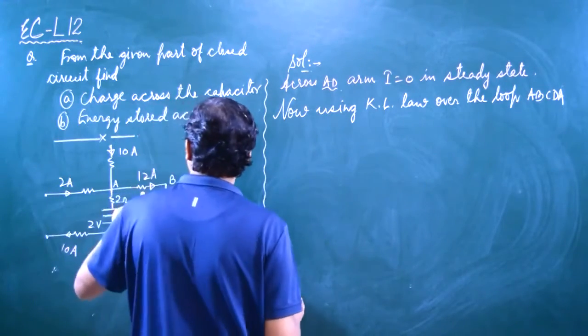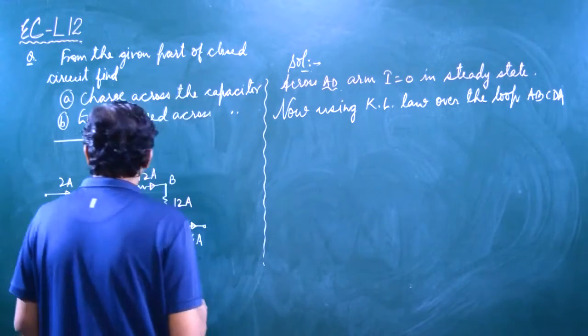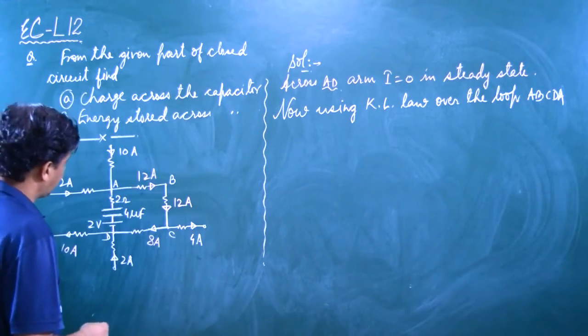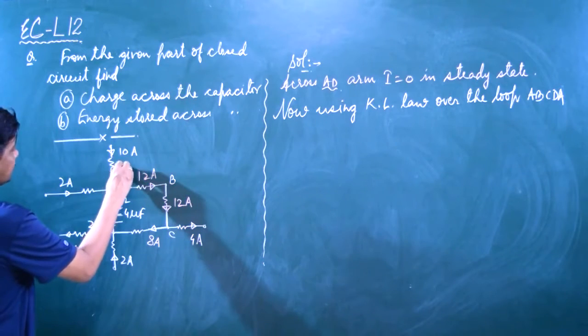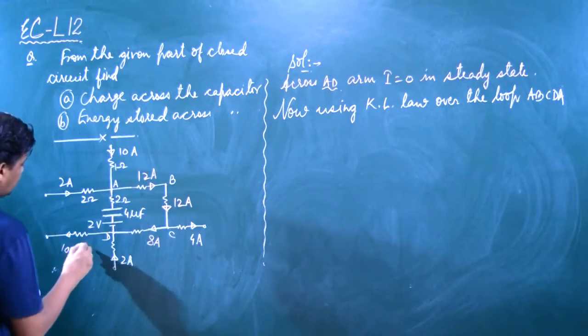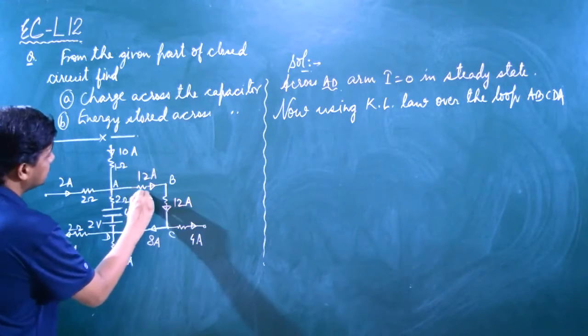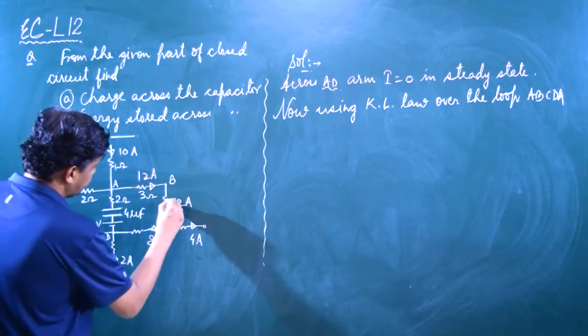That's why potential drop will be negative. And resistance I have not taken. Resistance here is suppose 1 ohm. It is 2 ohm. It is suppose 3 ohm.